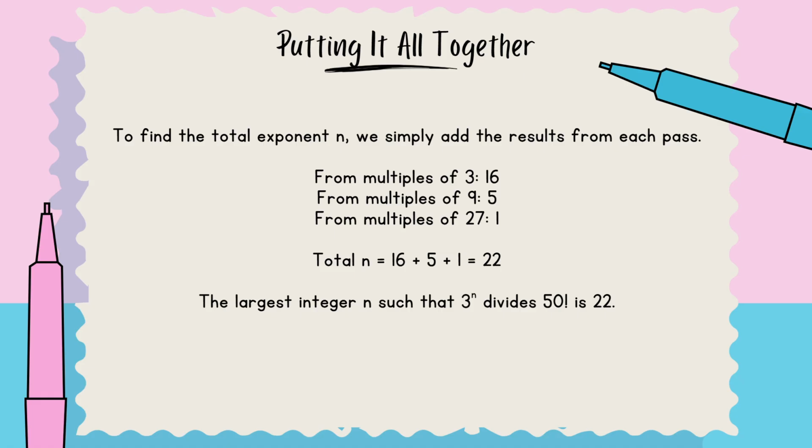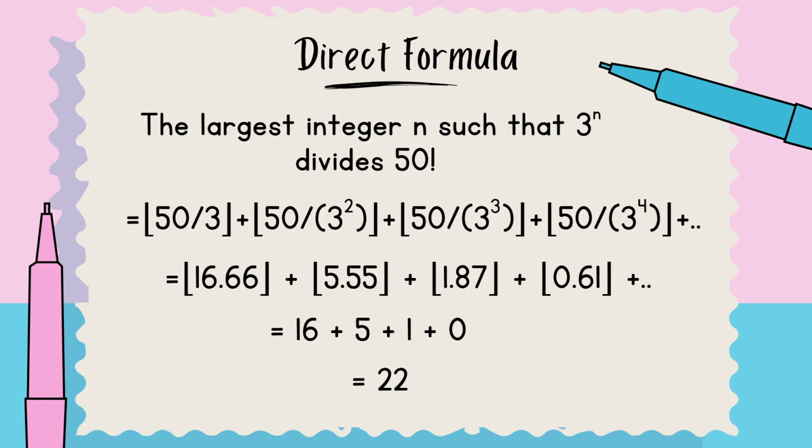For multiples of 27, that is 3 to the power 3, or 3 multiplied by 3 multiplied by 3, that is 1. So in total we are finding 22 factors. So the largest integer n such that 3 to the power n divides 50 factorial is 22.